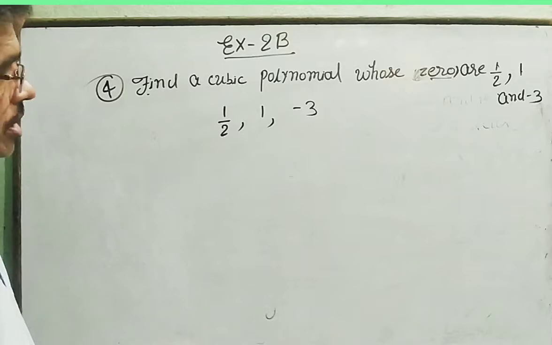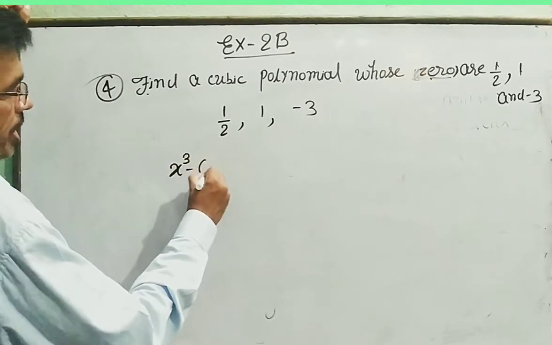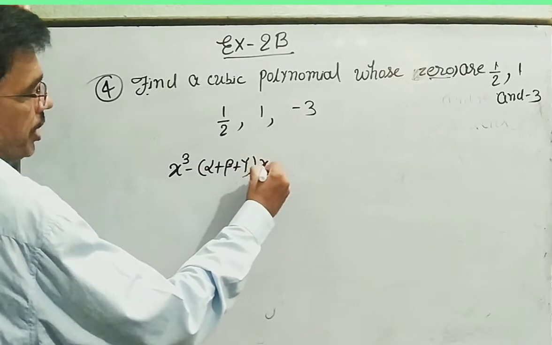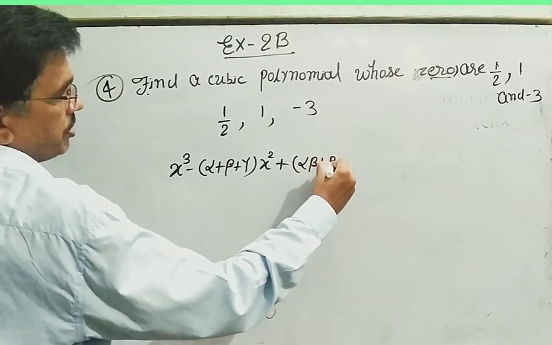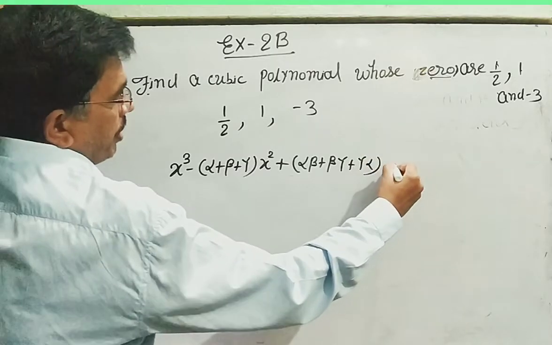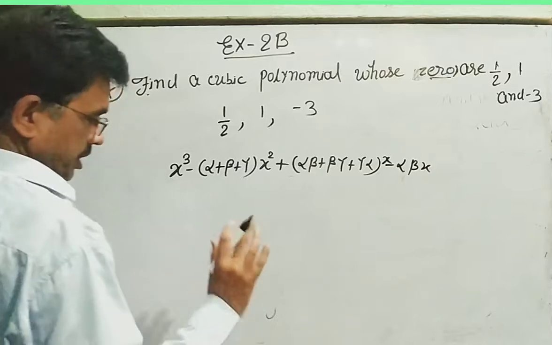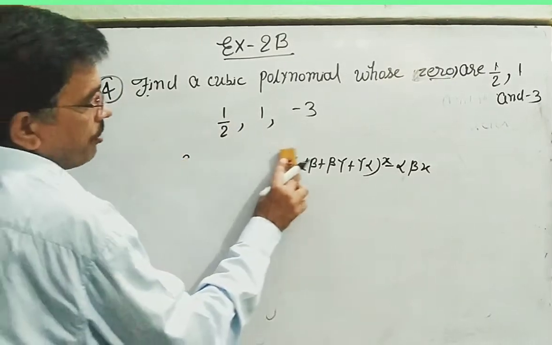You can write the formula of the cubic polynomial is x cube minus (alpha plus beta plus gamma) x square plus (alpha into beta plus beta into gamma plus gamma into alpha) x minus alpha beta gamma. But this type of question you can solve without using the formula.